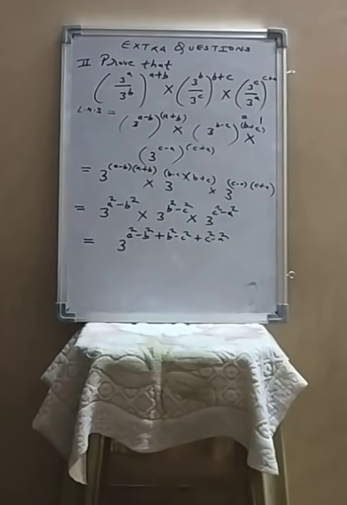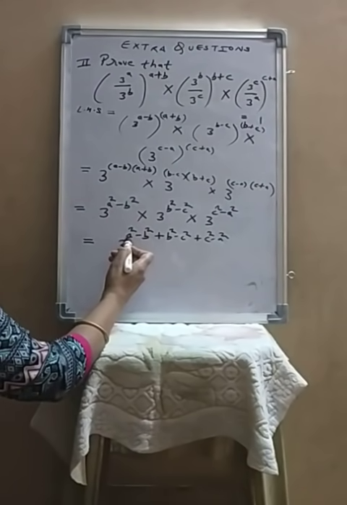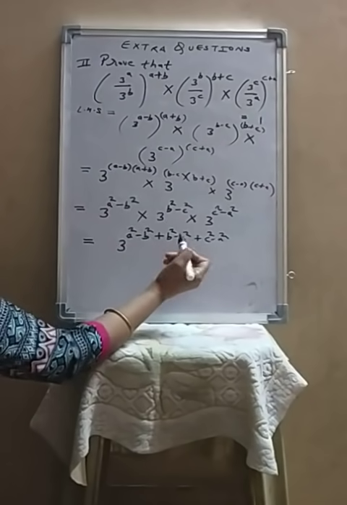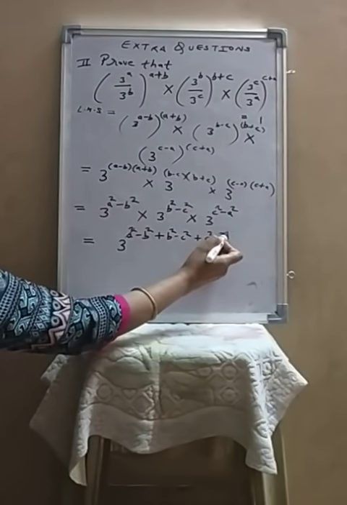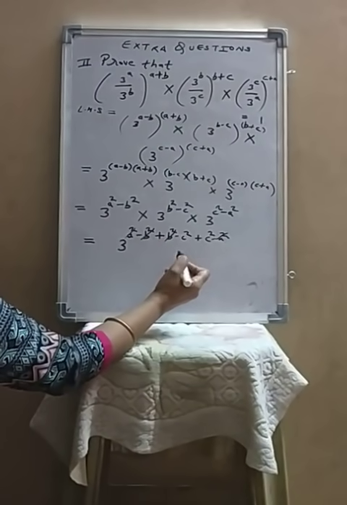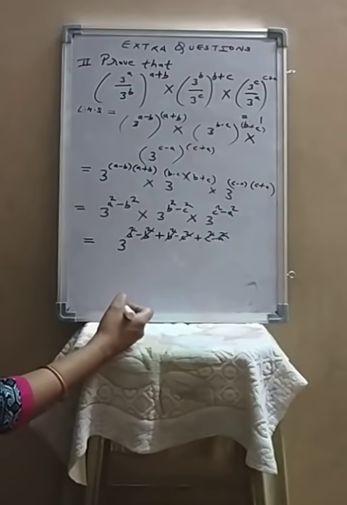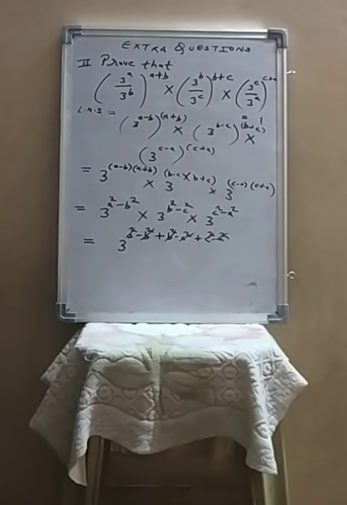If you have observed carefully, you can see that one of the a square is positive, other one is negative, so it can be cancelled. Same way, one negative b square, one positive, one negative c square, other one positive. So if we have a positive term and the negative term, and if they are same, we can cancel them.